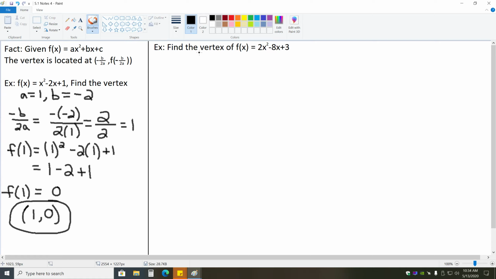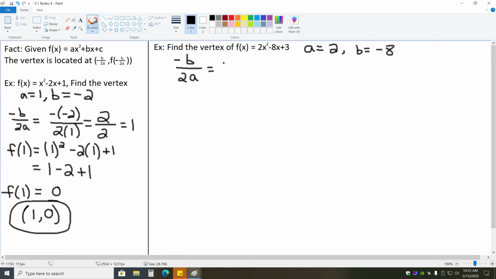Okay, trying this together, again we need to find negative b over 2a. A in this case is the number in front of x squared, which is 2. B is the number in front of x, which is negative 8.